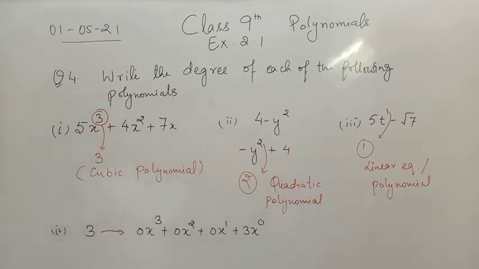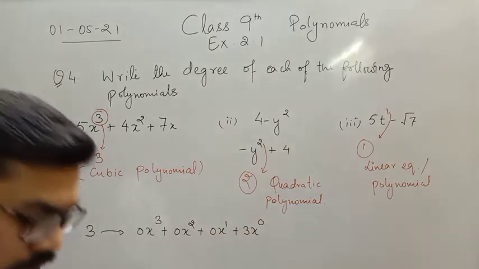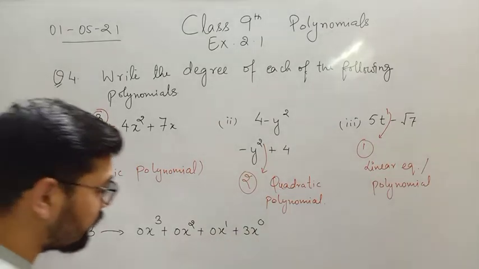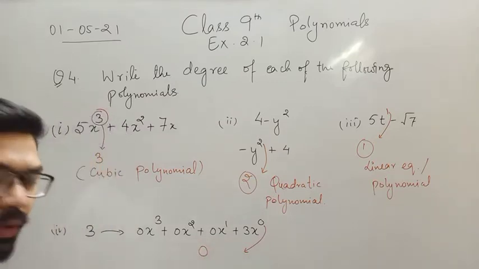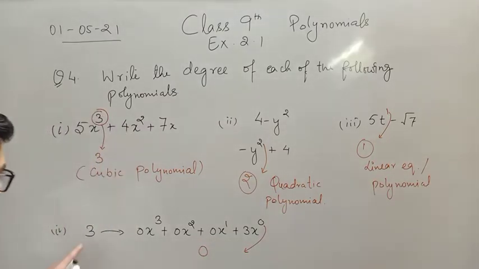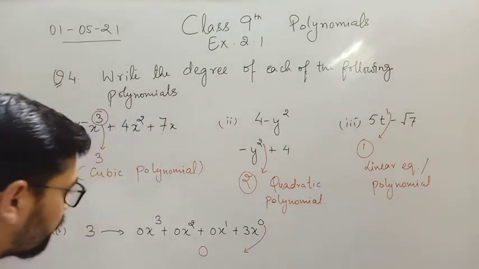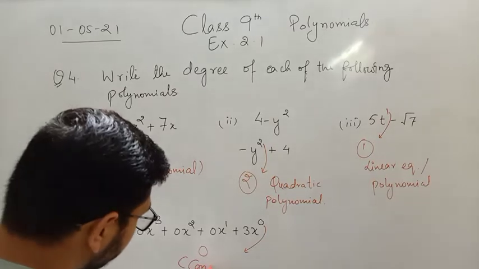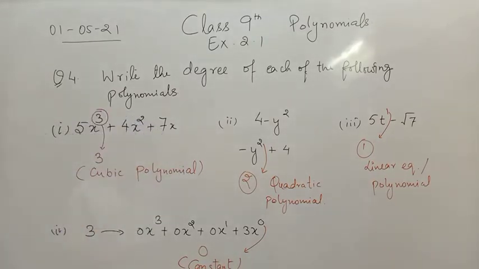So can I write 3 like this: 0x cube, 0x square, 0x power 1, 3x power 0? Yes, I can write it like this. And 0 is the highest degree of this polynomial. And what is 3 actually? 3 is a constant polynomial, or you can say a simple constant. So these are the answers for your question number 4. Please note it down fast.